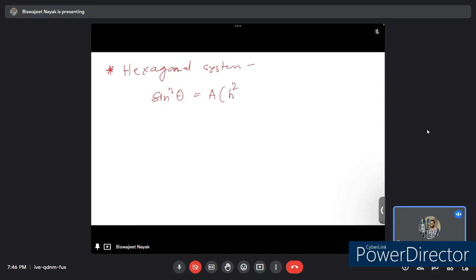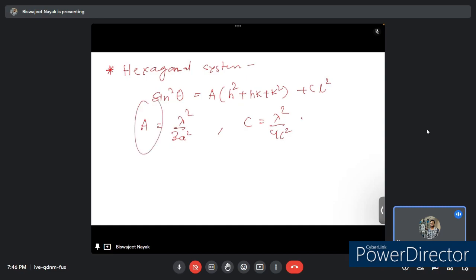So this HK0 line must have sin square theta values in the ratio of these integers, and A will have the value 1, 1 by 2, 1 by 4, 1 by 5, 1 by 8, and so on, times this sin square theta. And similarly C can be obtained.